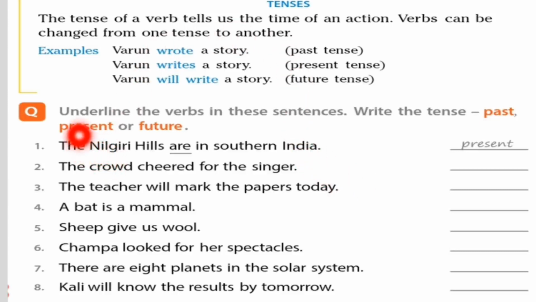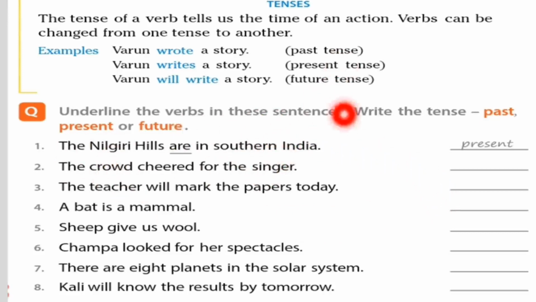Underline the verbs in these sentences and write the tense: past, present or future. So we have to underline the verbs which are written over there, and based on the verbs, we have to write whether it is past tense, present tense or future tense. Okay, dear children, this is a basic exercise to identify what type of tense it is.